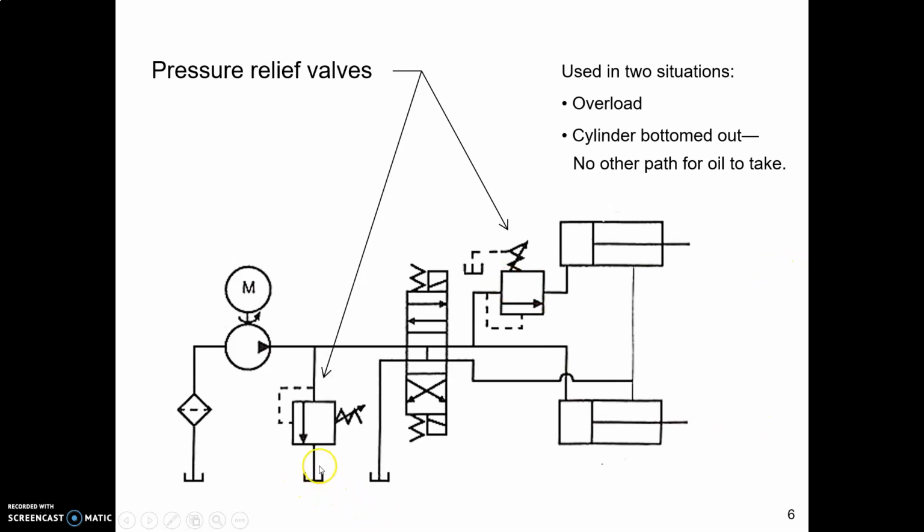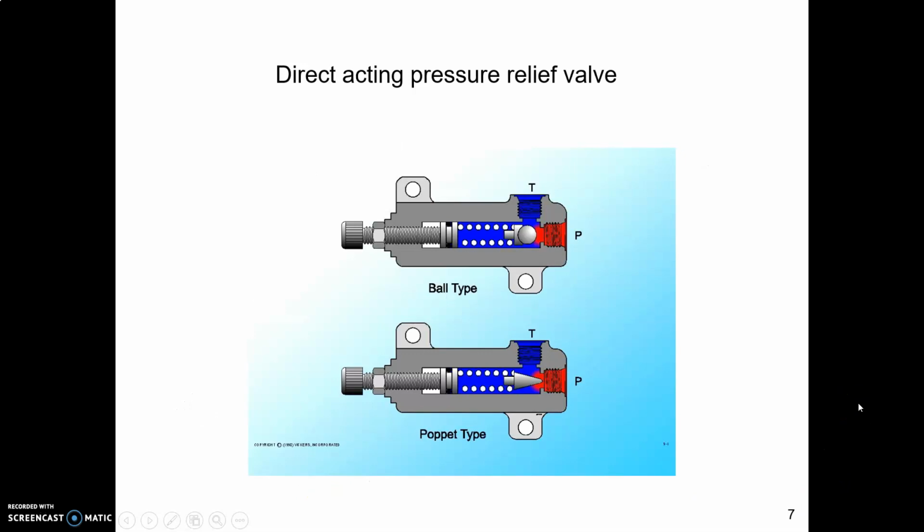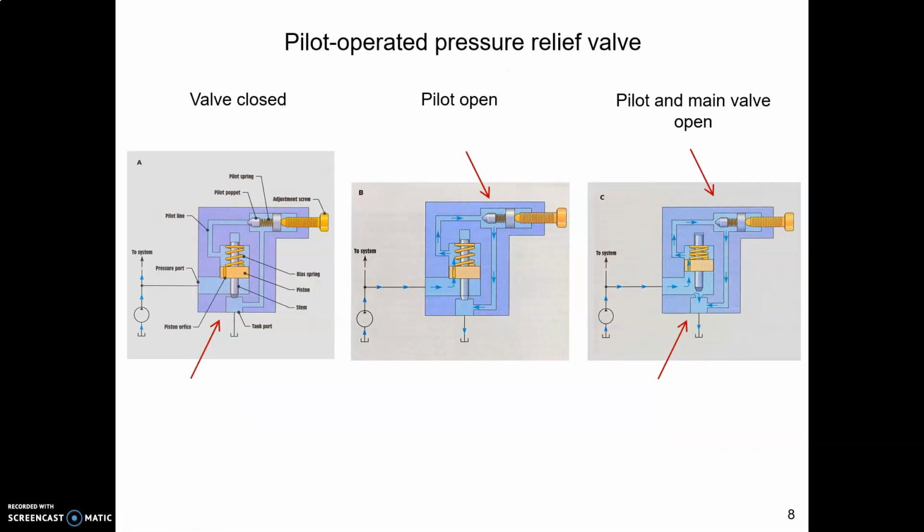And this U-shaped symbol, again, is the symbol for a tank. So you can have simple, more direct-acting pressure relief valves. It's common to find a pilot-operated pressure relief valve. So the pressure opens the pilot, and then the pilot opens the main valve.